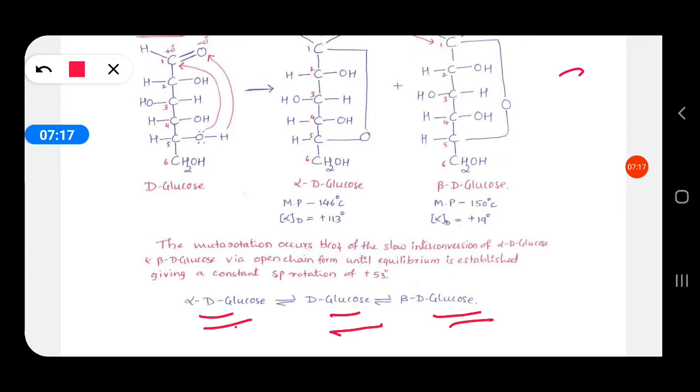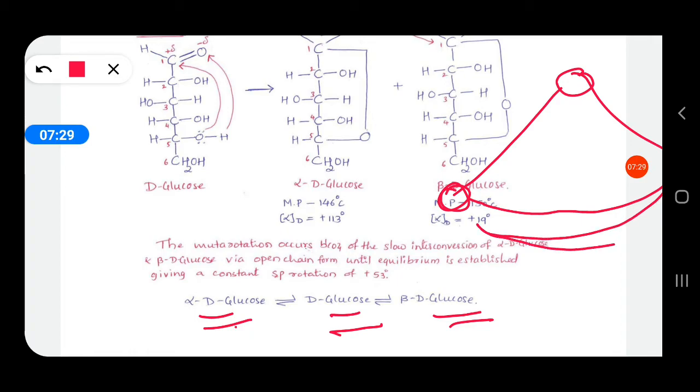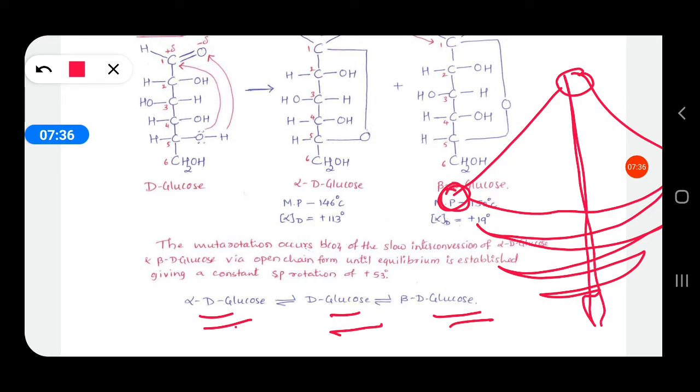Like I already explained, like the pendulum. If it is alpha D glucose, it changes its specific rotation to beta, then again to alpha, then beta, then alpha, and finally it reaches a stable configuration. When a stable configuration is achieved, at this point alpha, beta and open chain, these 3 structures are in equilibrium.